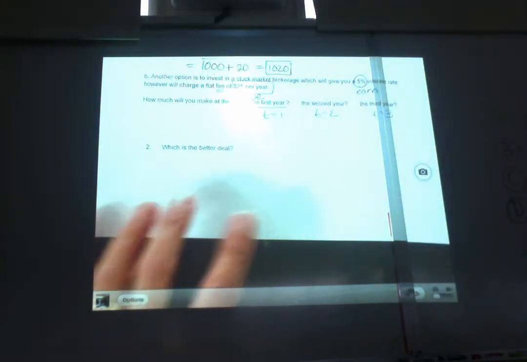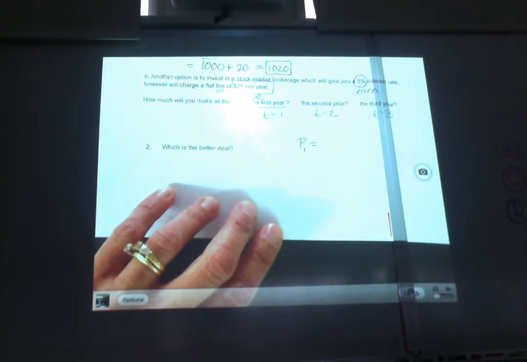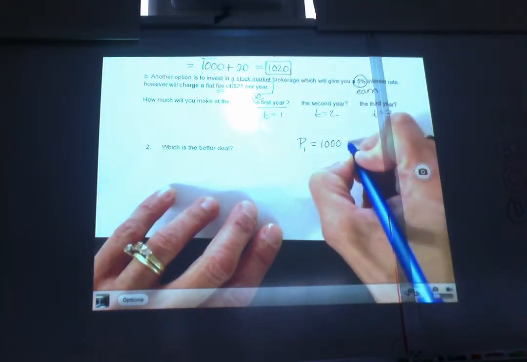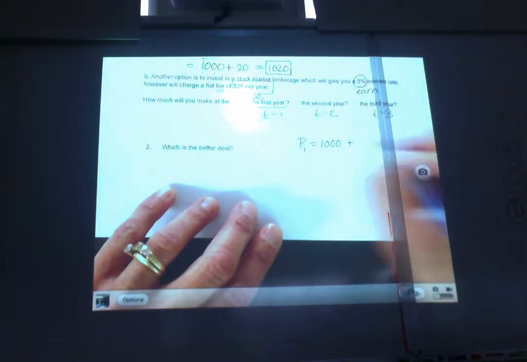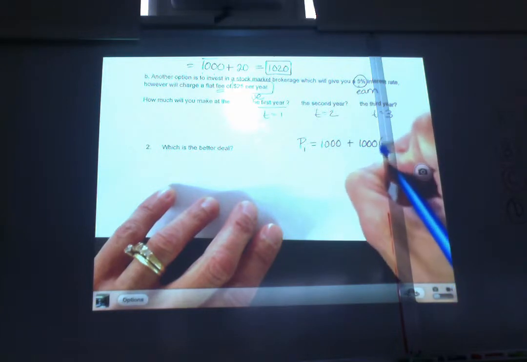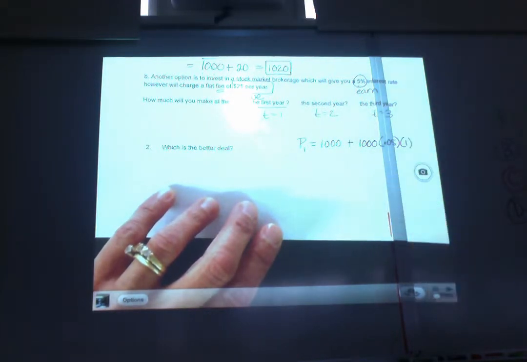Okay. So after 1 year, I still have my 1,000. This time my rate is 0.05, and for P1, I'm going 1 year.